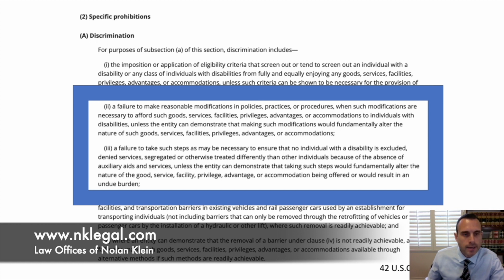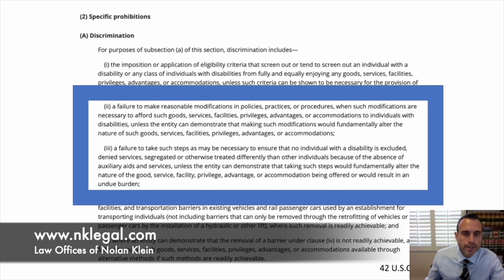And now we're discussing a failure to make reasonable modifications in policies, practices, or procedures where such modifications are necessary to afford goods, services, facilities, privileges, advantages, or accommodations to individuals with disabilities, unless the entity can demonstrate that making such modifications would fundamentally alter the nature of what it provides.